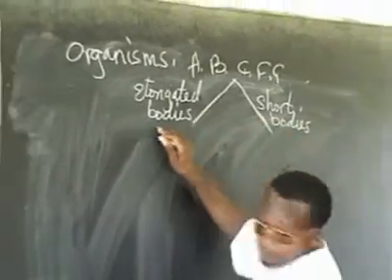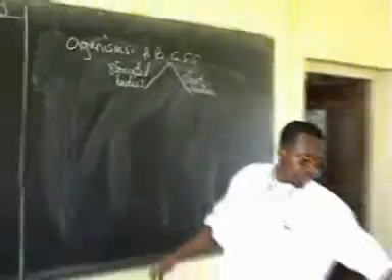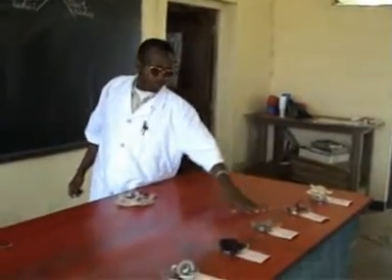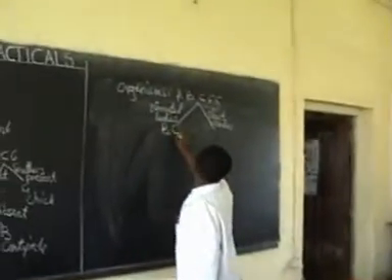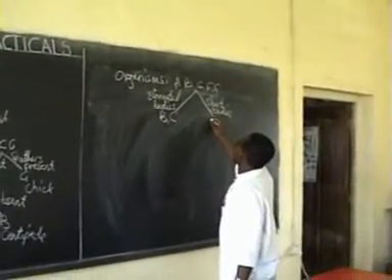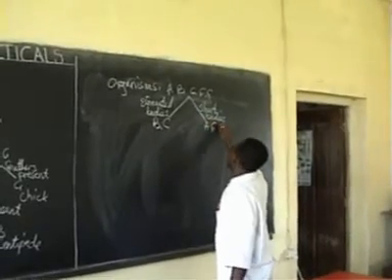So you now see that for the ones that have an elongated body, we have B, this is the earthworm, we have C, so we have B and C. Then for the short bodies, we have A, F, and G.